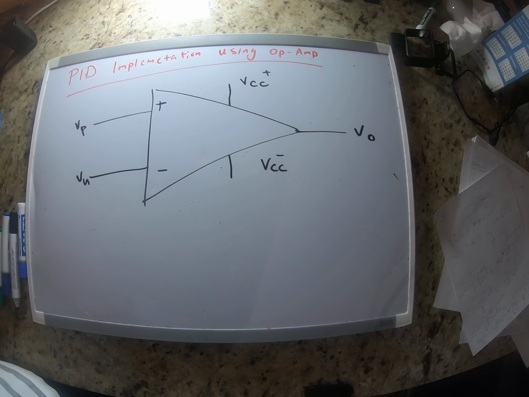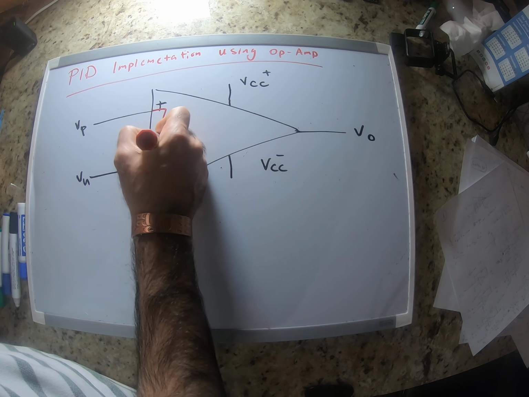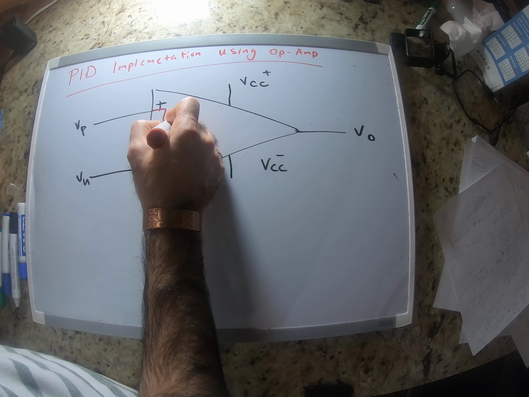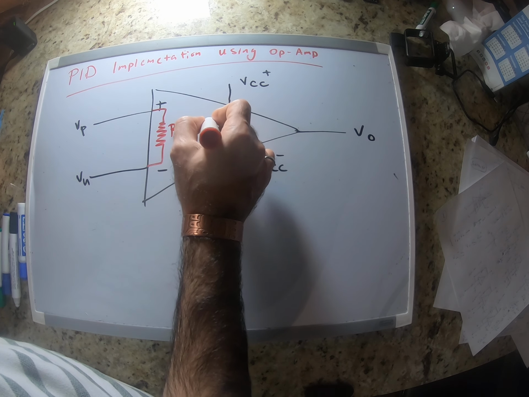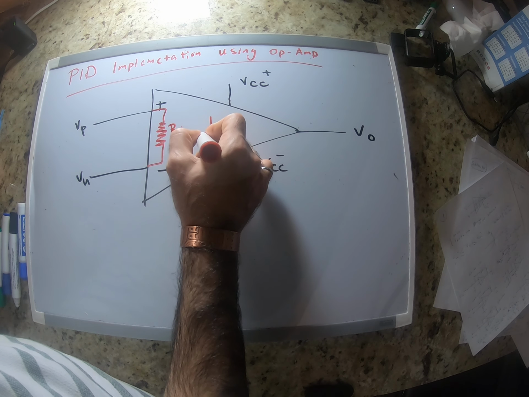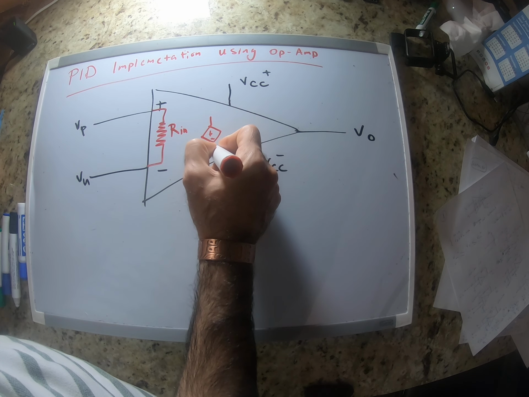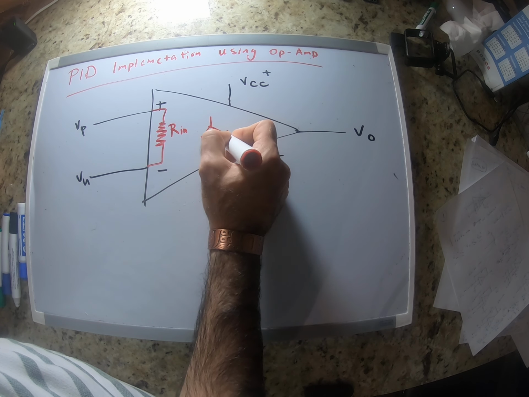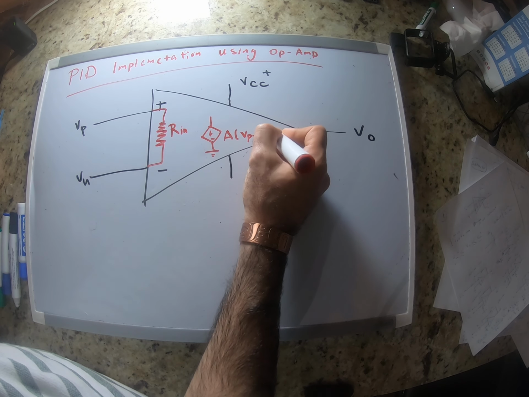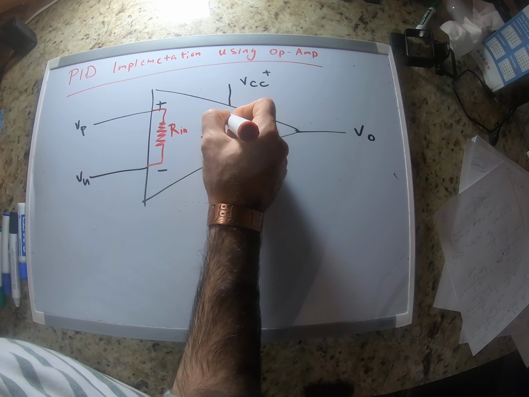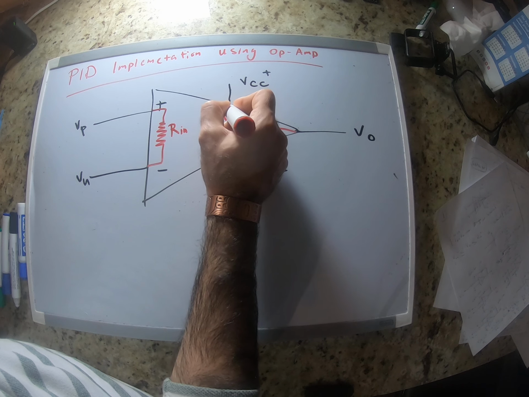So the way op-amp is usually modeled is using a very large input resistance, and there is a dependent voltage source whose value is A times VP minus VN, and it has a very small output resistance, let's call it RO.